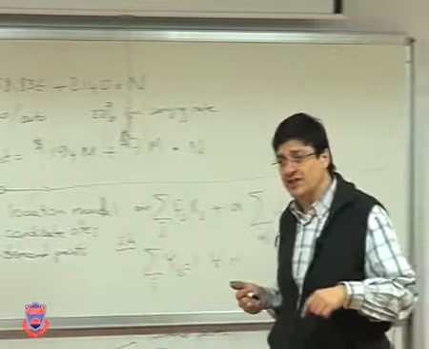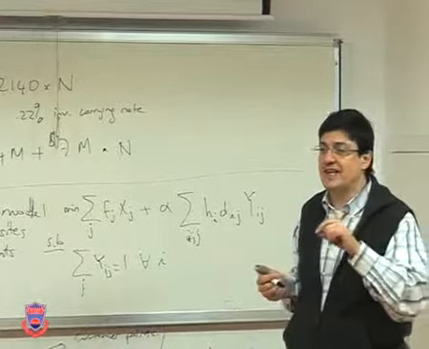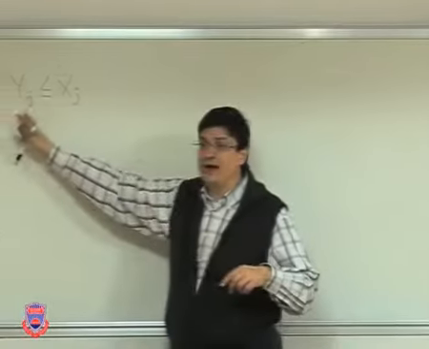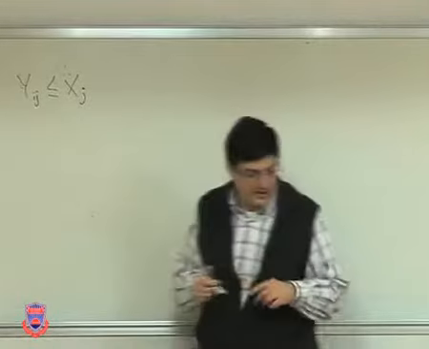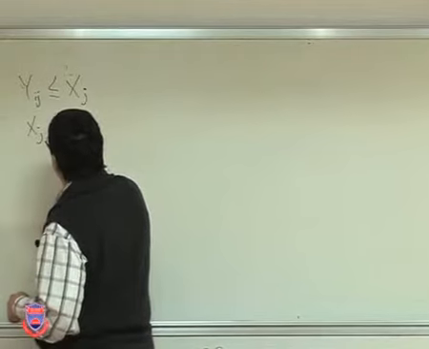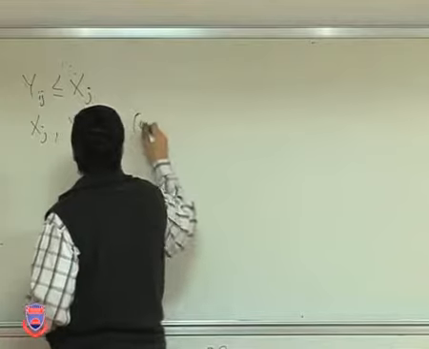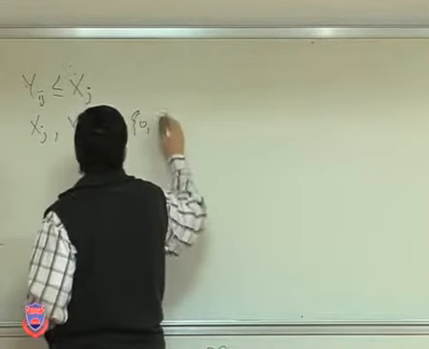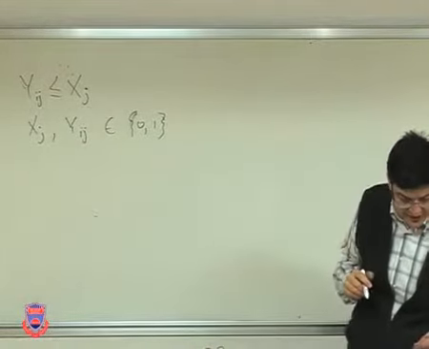What's the meaning of yij? Yij is the binary variable which represents the case that customer i is served by DC j. So this is only going to be possible if the DC is open. And then xj and yij are both binary variables.